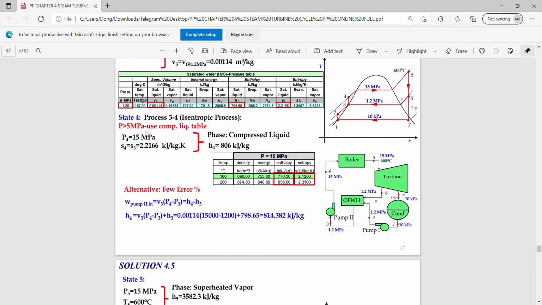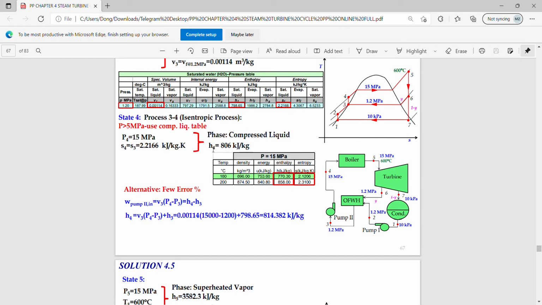Next we move to state 4. P4 equal to 15 megapascal, S4 equal to S3 equal to 2.2166. Because P4 is greater than 5 megapascal, we need to use the compressed liquid table. The phase is compressed liquid.